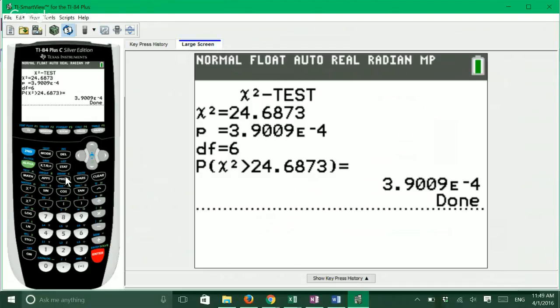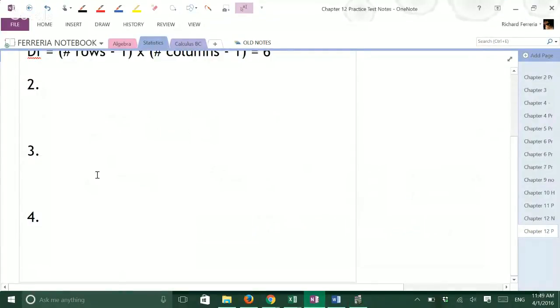The first question it's going to answer is, what is the value of the chi-square test statistic? And that's right here, 24.687. So that's the answer to question number 3.